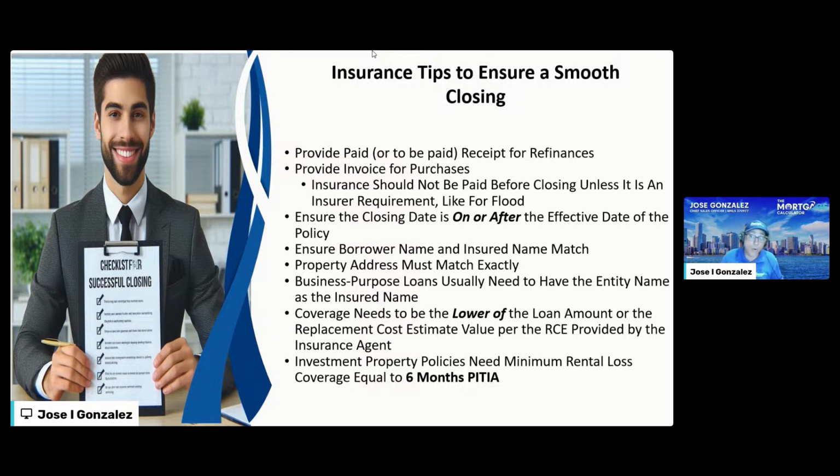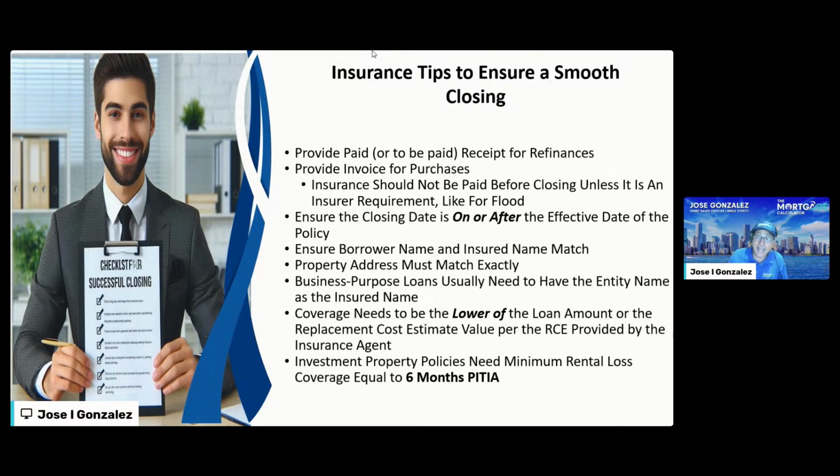Now, the borrower may want to insure the cost to replace the structure, but for purposes of the loan, you only need to document enough coverage to cover the loan amount, since the loan amount was lower than the replacement cost of the structure. Conversely, if the loan amount is 500, but the RCE replacement cost of the structure is only 200, you only have to insure 200.